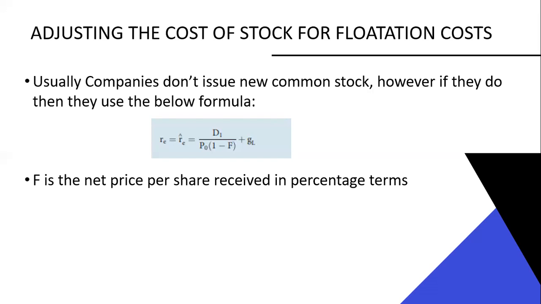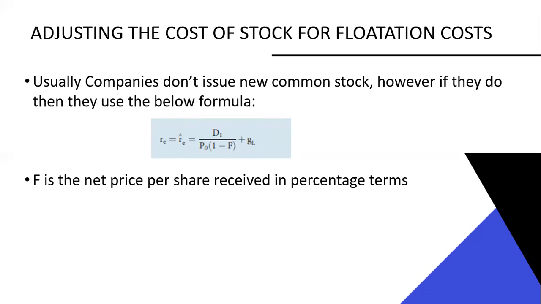Usually companies, as I mentioned a little earlier, don't issue new stock very often, but when they do, they use this particular formula that takes the flotation cost into account.